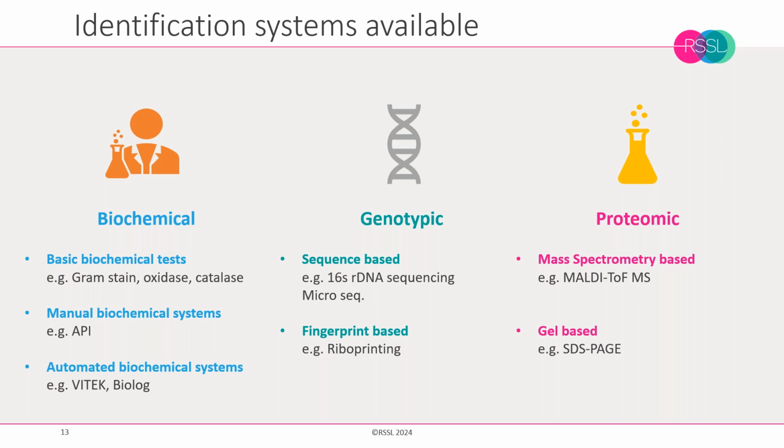And we also have phenotypic methods and proteomic methods. So we have these different groupings, and within that we have different systems that we can draw upon. And what we're going to do very briefly is take a journey through those systems.